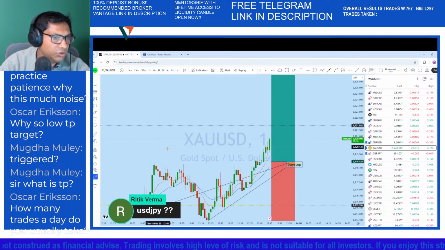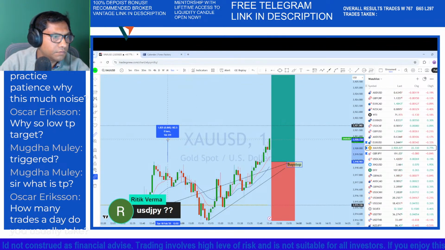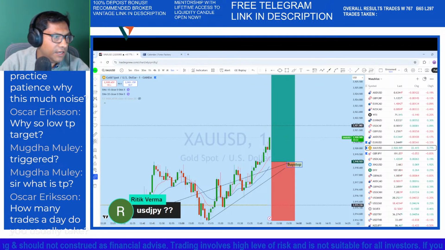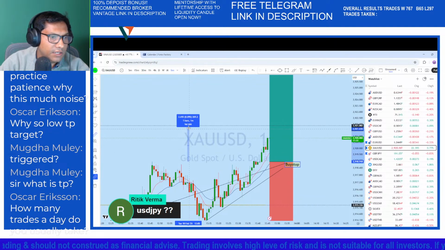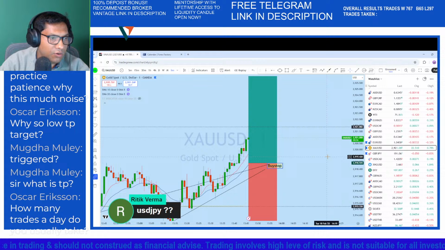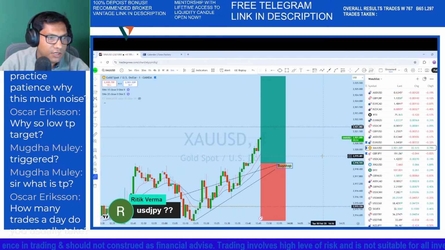So you're up on this one, 19 pip, 20 pip up. So let's take it here as we see that move. 30 pip, 29 pip will be a good move to take it here.